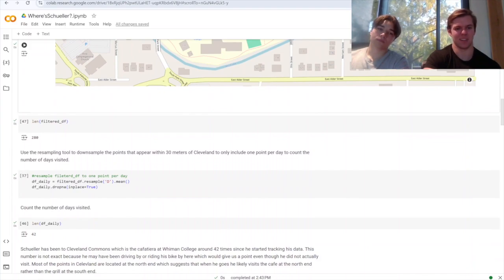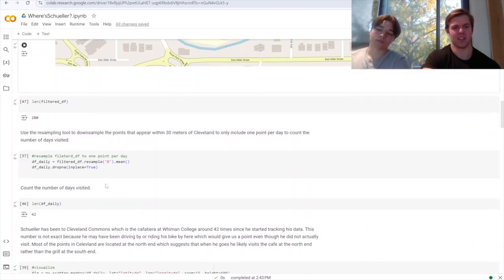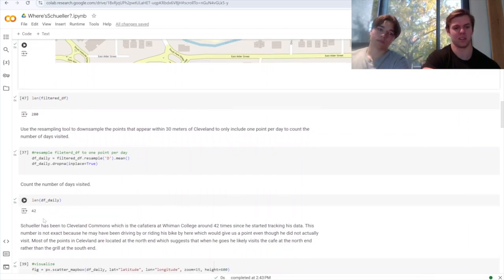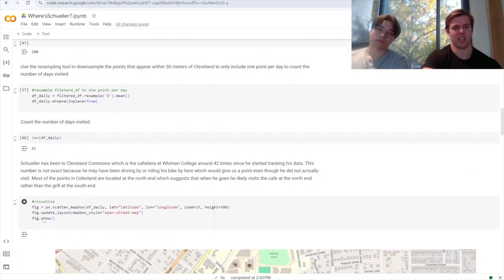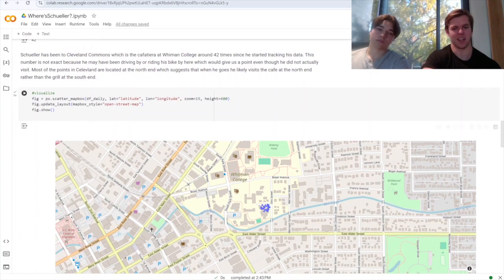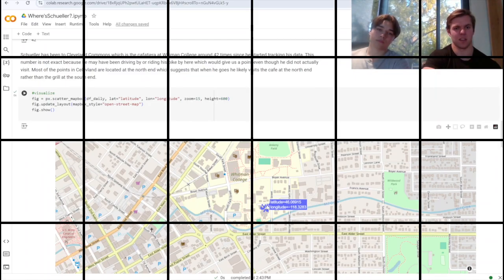We go here to resample by day, and the number drops from 280 times to 42, which is much more reasonable. We can plot this data, and as you can see, it's a lot more sparse.